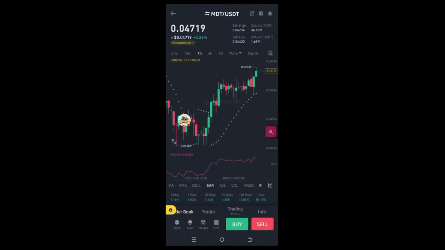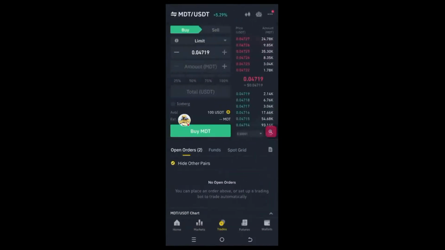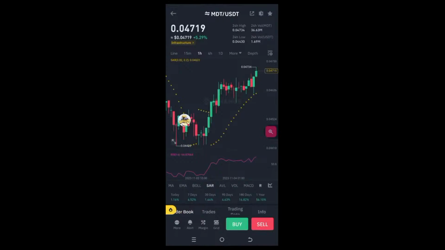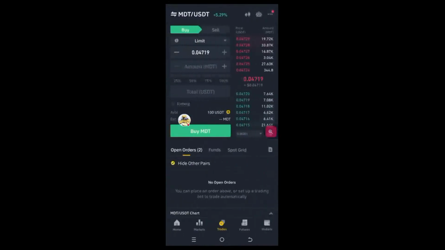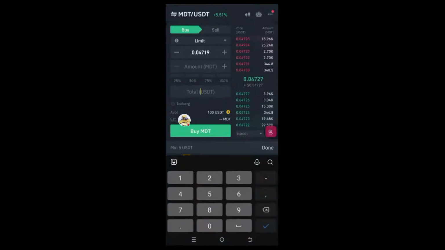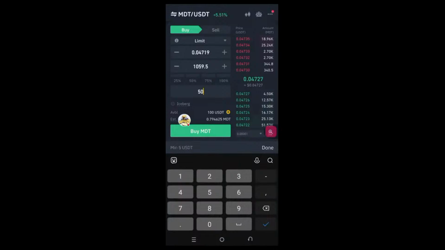The next one is 4721. Well, let's try and see whether it will go. That means it wants me to pick a higher price. It's already there. So anyway, we don't have a choice right now. So let's just go with it.